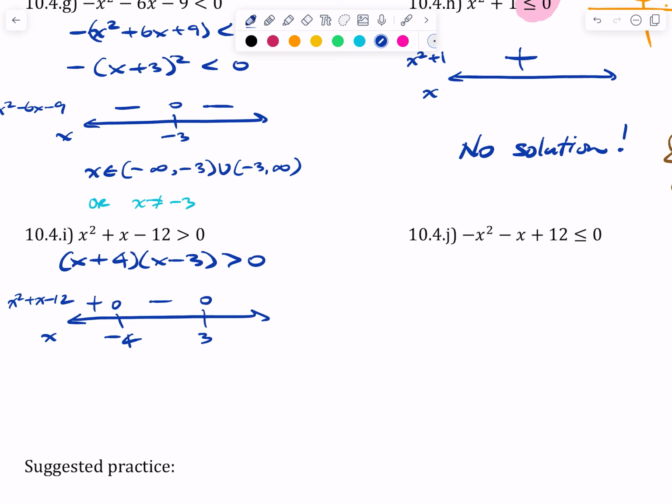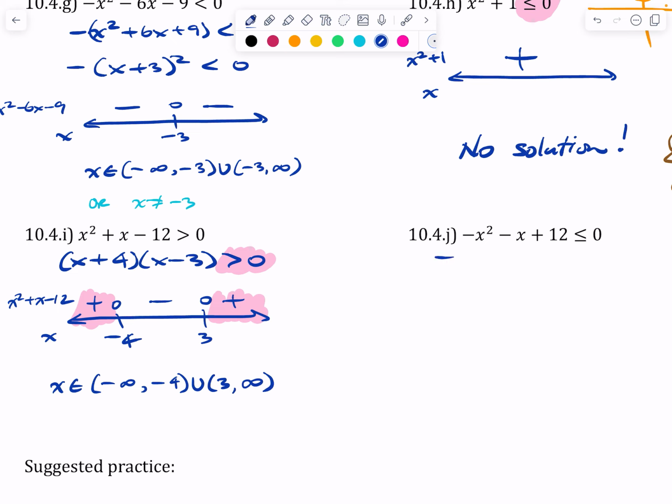We're looking at a plus minus plus situation. Where is it greater than 0? Well, that'll be over these two chunks. So that's everything from -infinity to -4, not inclusive, or everything from 3 to positive infinity.